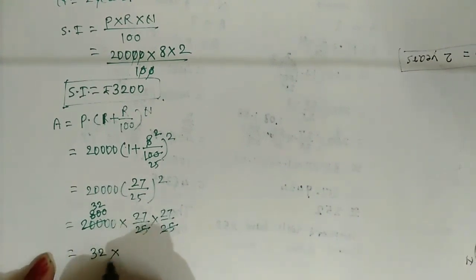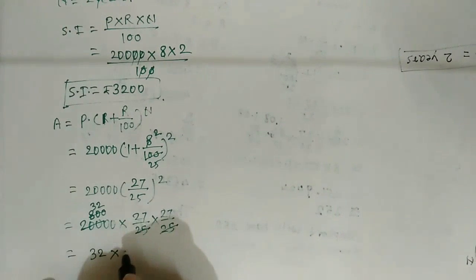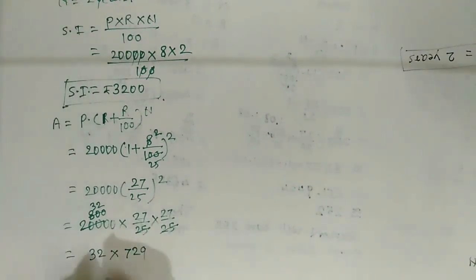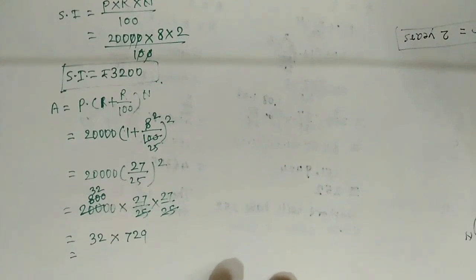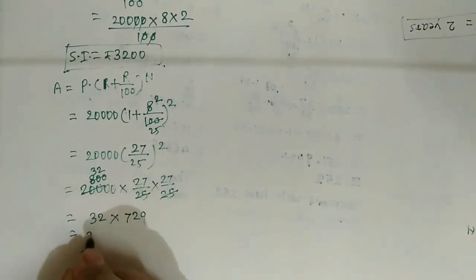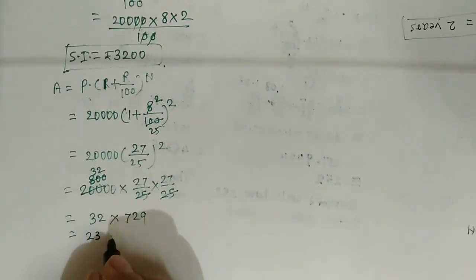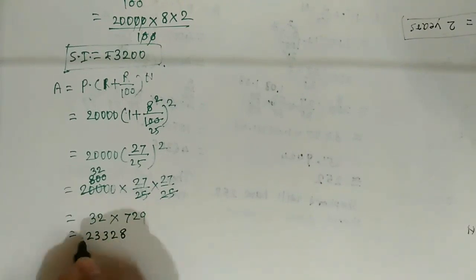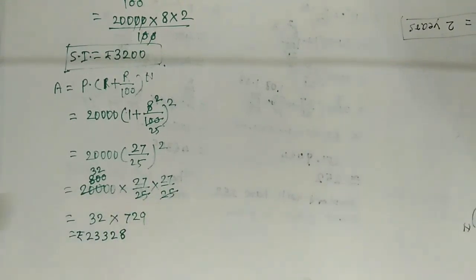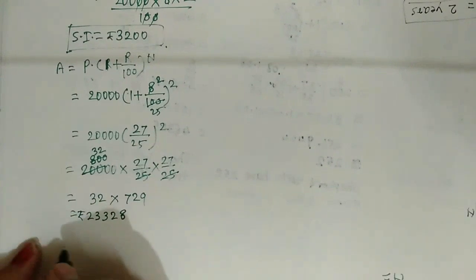So 32 multiplied by 729. So 32 multiplied by 729 is equal to 23,328 rupees. So calculate the compound interest here.